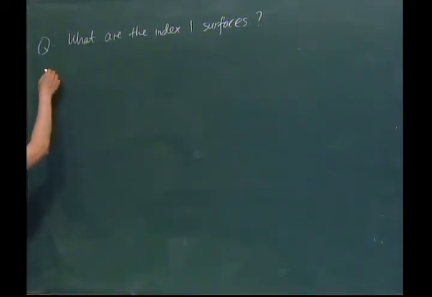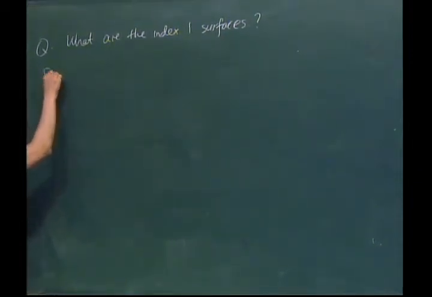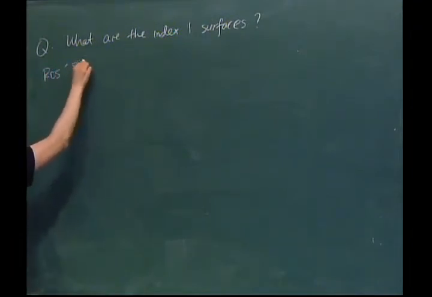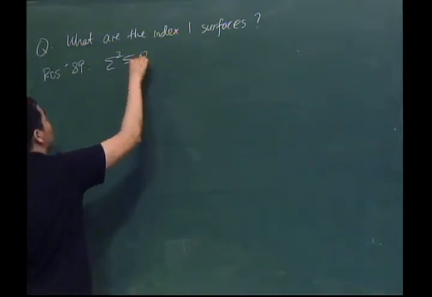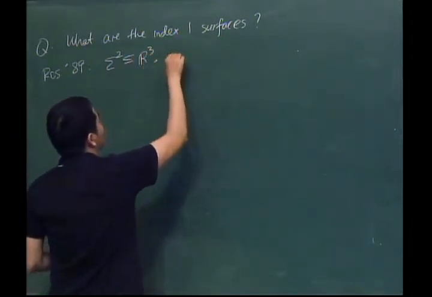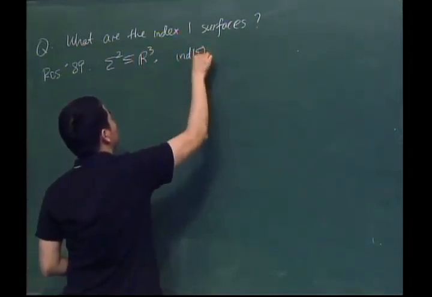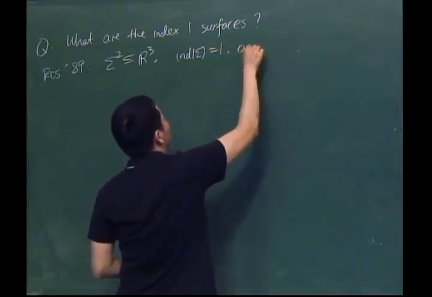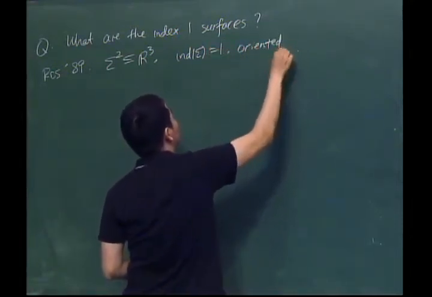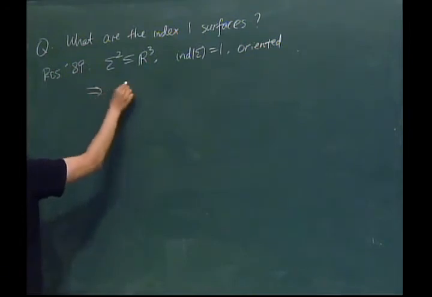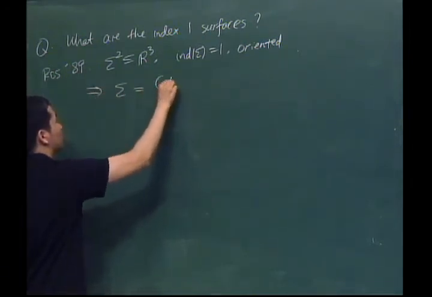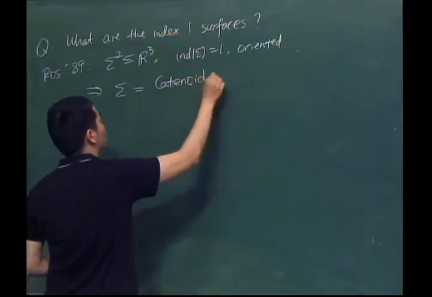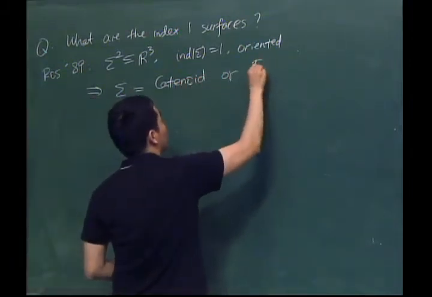So in 2 dimensions, it is proved by Lopez and Ros that if you have a 2-dimensional surface contained in R3, and it has index 1, and it's oriented, then sigma can only be the catenoid or the Enneper surface.